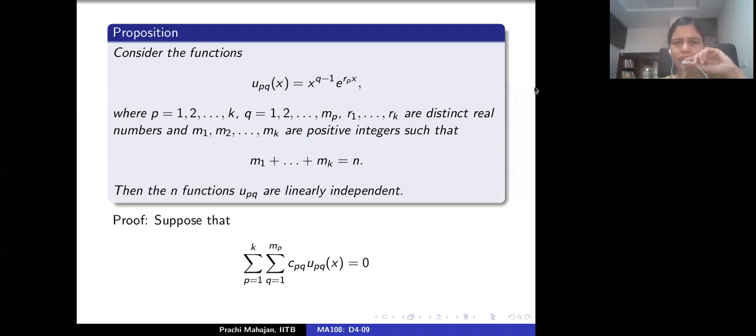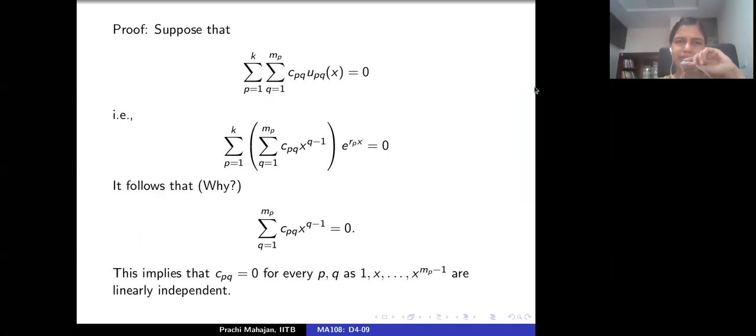So let's see how one does that. I've just rewritten the last thing again on this slide. These are finite sums, so that enables us to write the following. Remember, upq was x to the power q minus 1 exponential rpx.